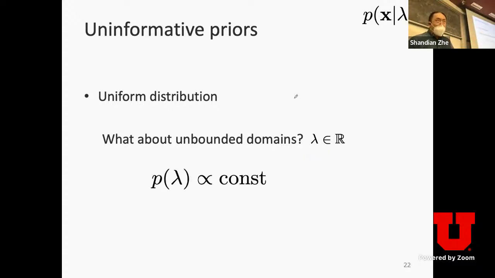But from a pragmatic viewpoint, we just define our uninformative uniform distribution to be proportional to some constant. This is not a valid distribution. This is just for pragmatic reasons.